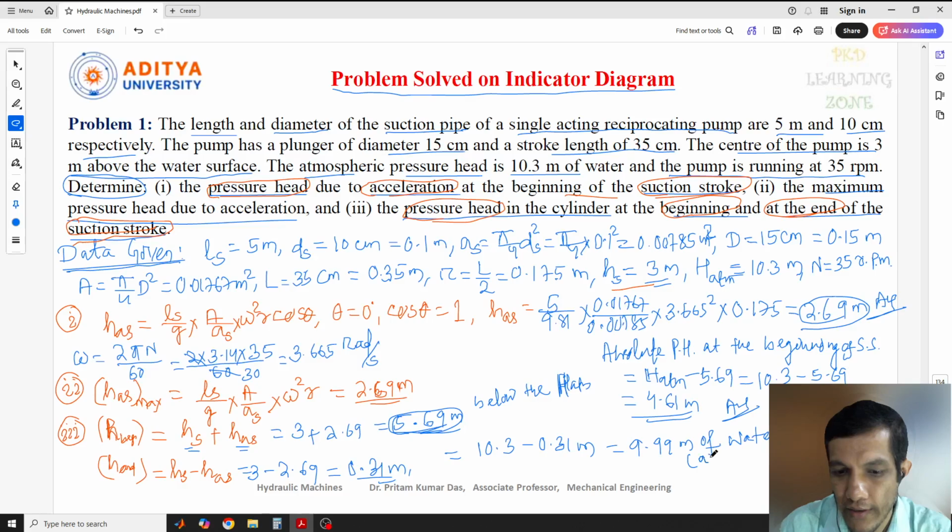This is the final answer. So this is the answer at the end of the suction stroke, and the other is at the beginning of the suction stroke. The remaining answers we have already seen.